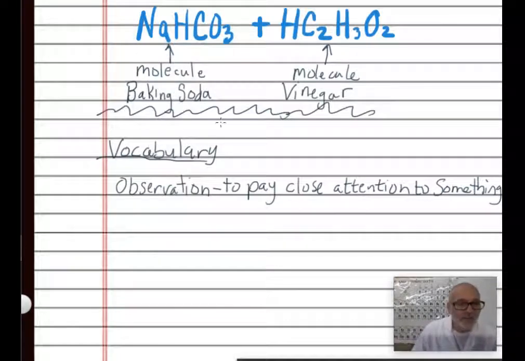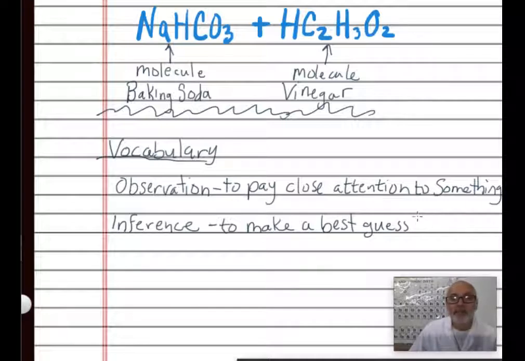The second thing we learned was the word inference. Now, you should be taking these notes in your journal as well. An inference is to make a best guess, or you might say an educated guess, based on something or things you observed.